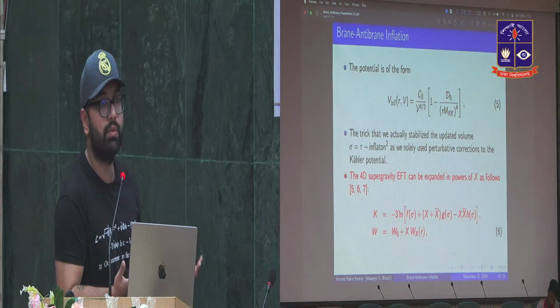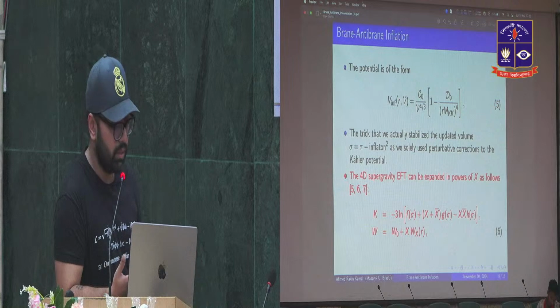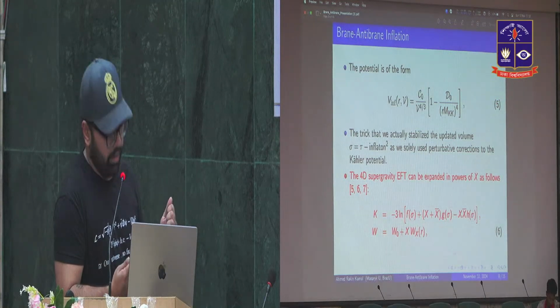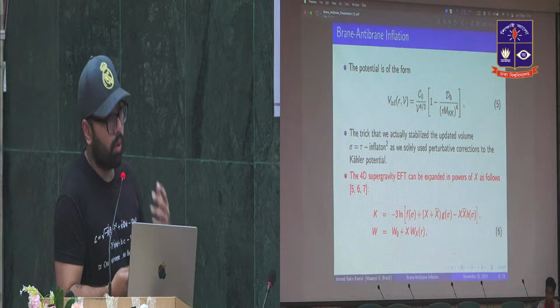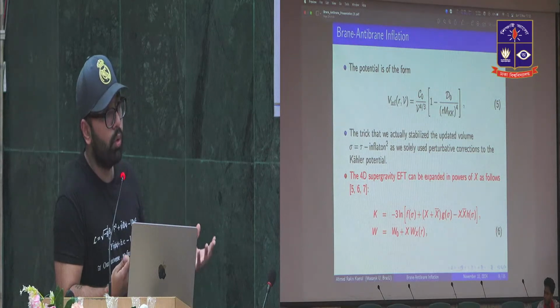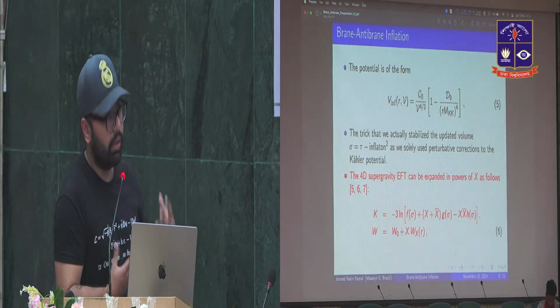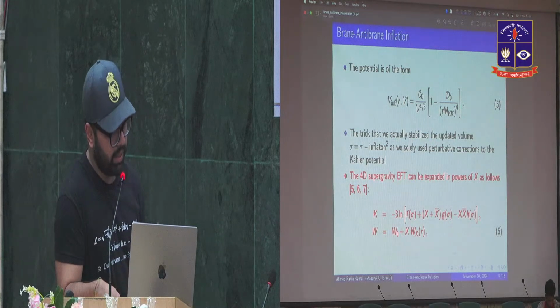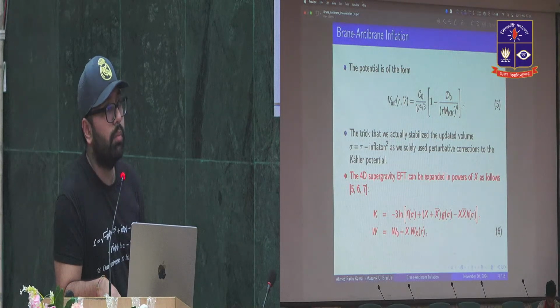You have the 4 dimensions of space-time and 6 extra dimensions. We used a combination of the volume mode and the inflaton. A perturbative correction will stabilize sigma in this setup, and you can get away without the eta problem.